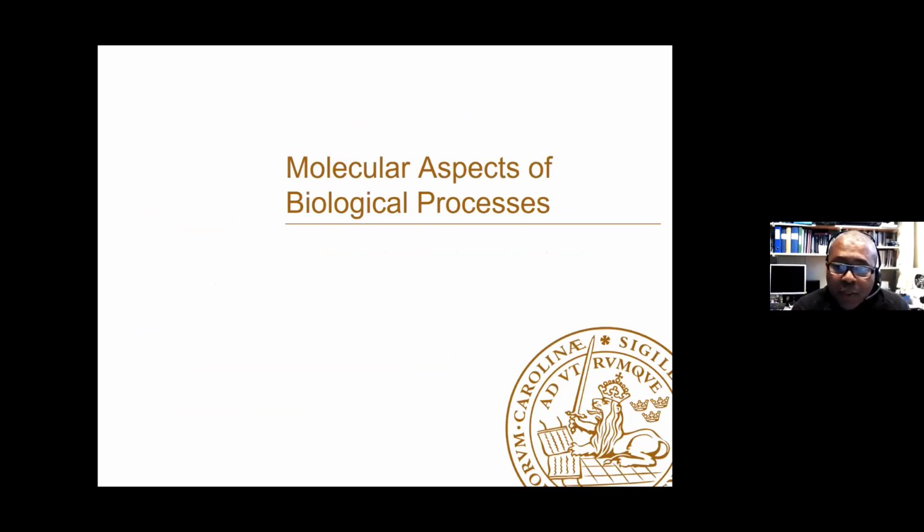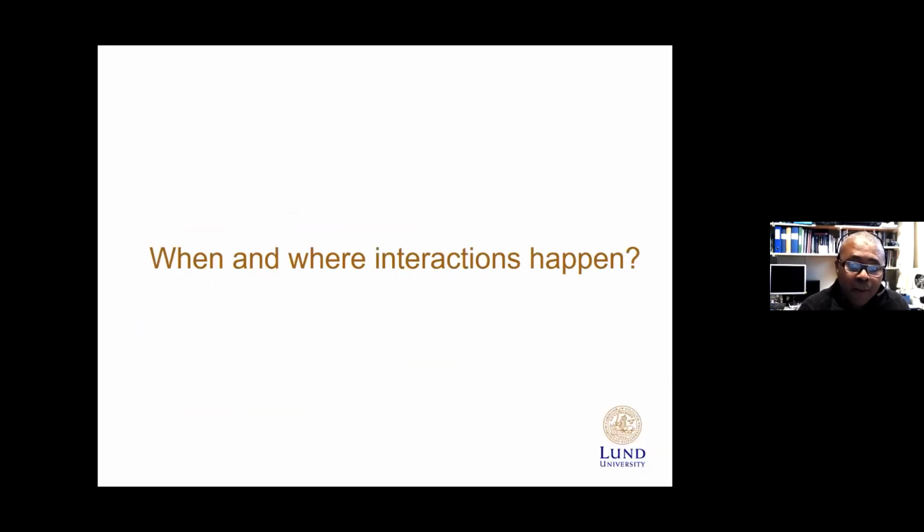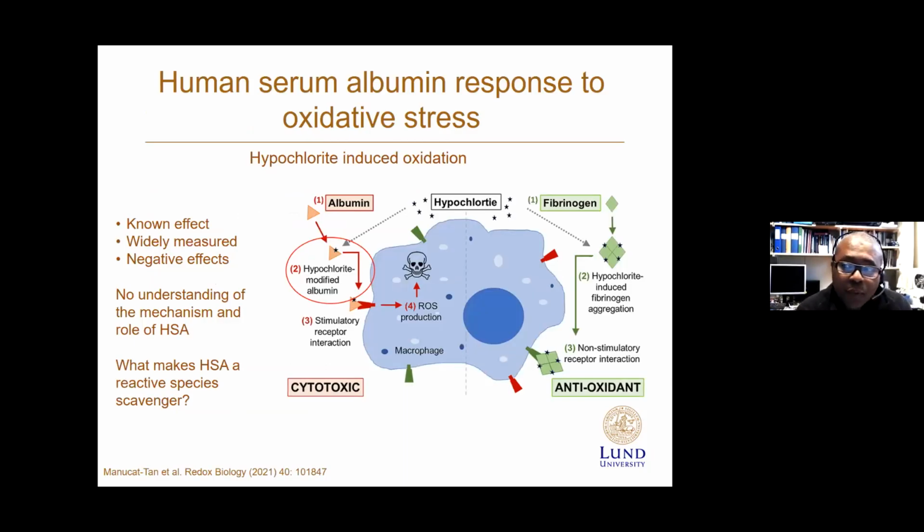So now I will try to give some light-hearted examples about some of those applications. And once again, the challenge and the question is when and where interactions happen. So in the first example that we have been able to do, we are looking at human serum albumin response to oxidative stress. So there is a long-standing question about hypochlorite-induced oxidations.